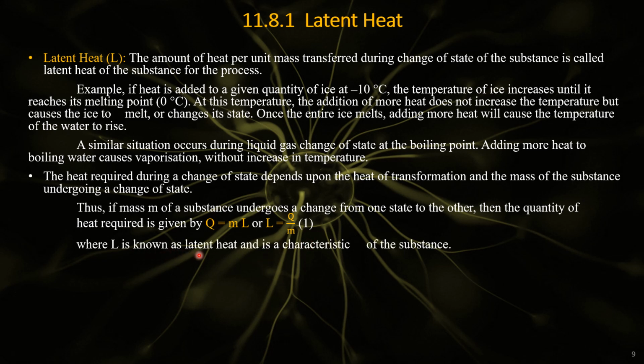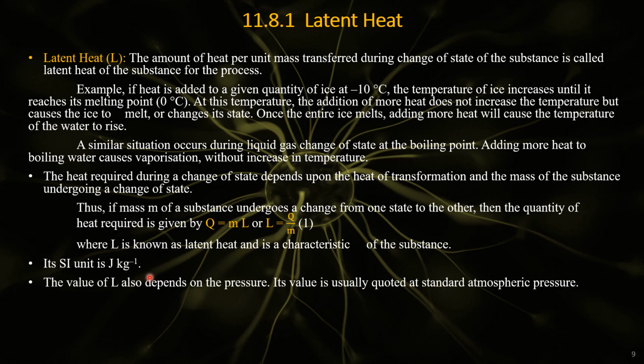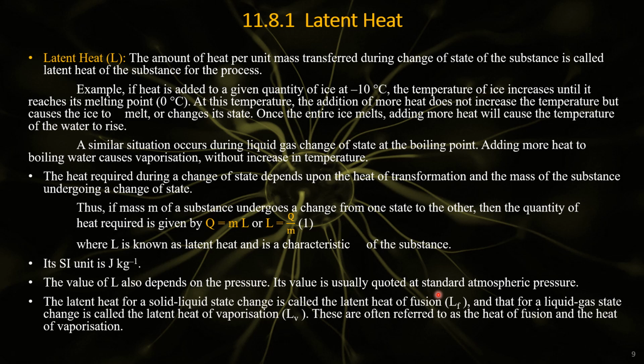Here L is known as the latent heat and is a characteristic of the substance. The SI unit of latent heat is joules per kg. The value of L also depends on the pressure. Its value is usually quoted at standard atmospheric pressure.